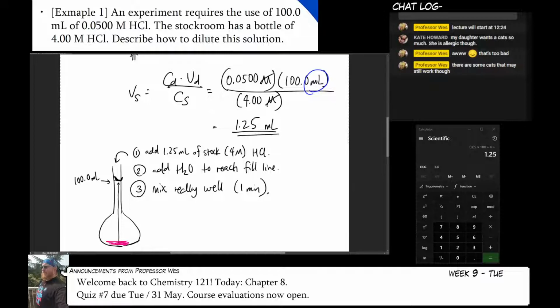And the way that I recommend to do that is to just mix it for 1 minute. So put a lid on the top, flip it upside down, flip it right side up, and then just keep doing that over and over again for about 60 seconds. And what will end up happening is that all this pink that was down here before, which was our concentrated acid, will now be equally distributed through the solution.